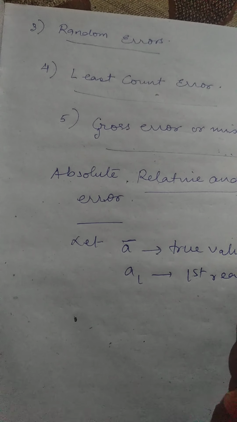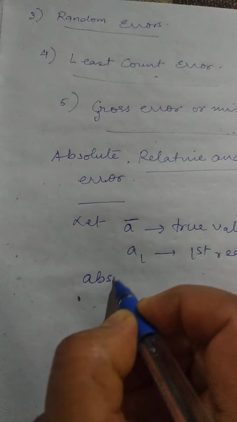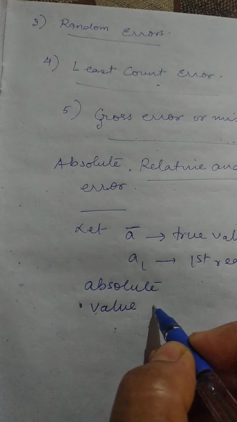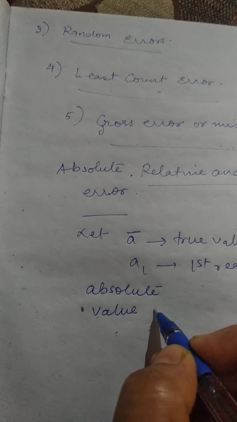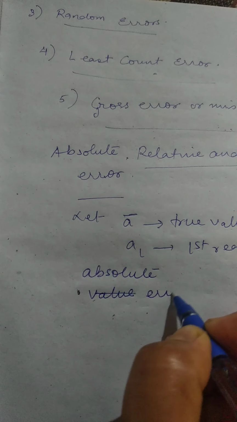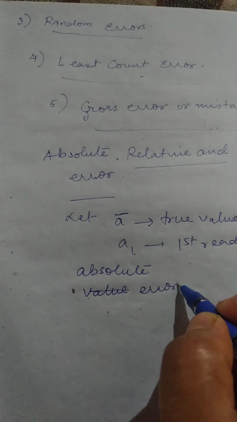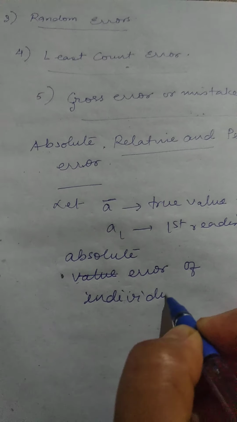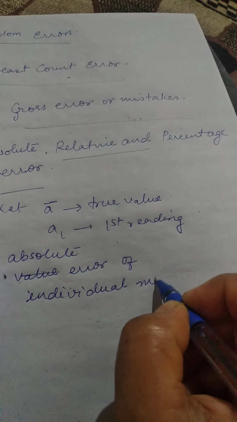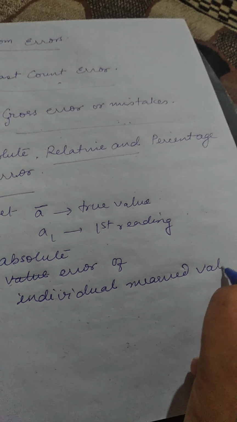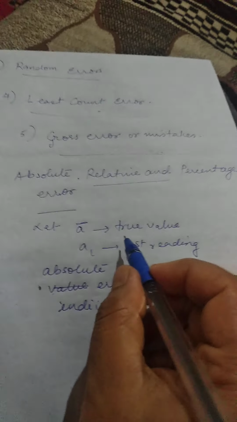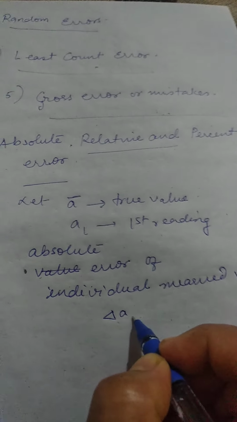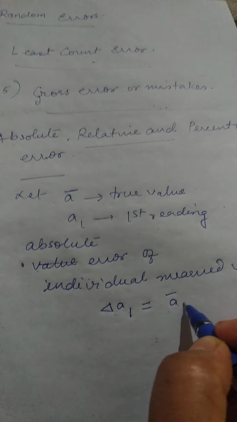Then the absolute error of the individual measured values: for the first reading, and the true value being this, the absolute error will be the difference between them, that is, a bar minus a1.